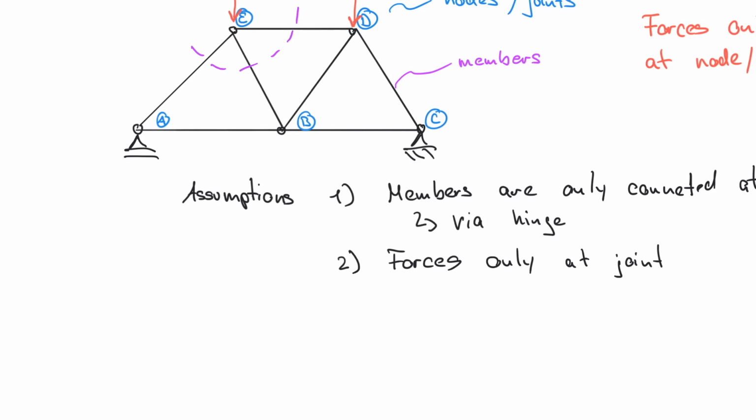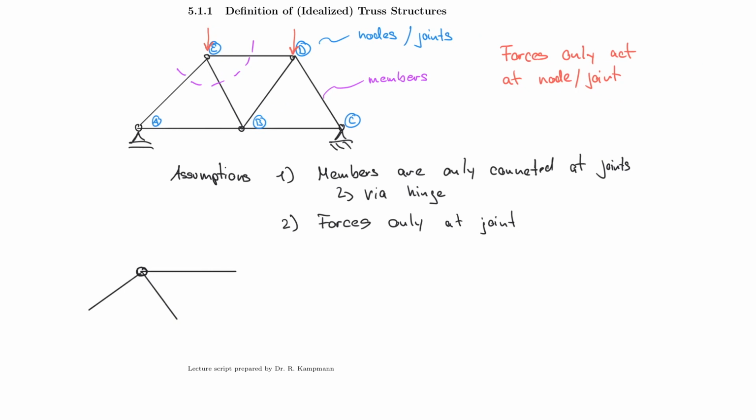And so if I were to draw that, I believe I would end up with a picture that looks something like the following. And of course I have my hinge here. And I cannot forget my external force, of course.